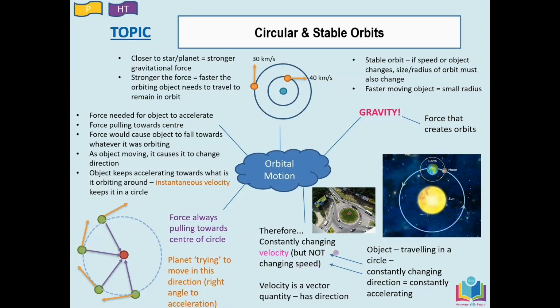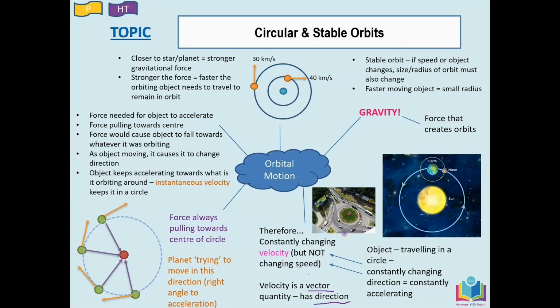If you haven't watched the video, head over to the video that talks about scalar and vector quantities. But it's constantly changing its velocity because it's changing its direction. Imagine going round this roundabout. You have to turn that steering wheel, so you're changing direction all the time.